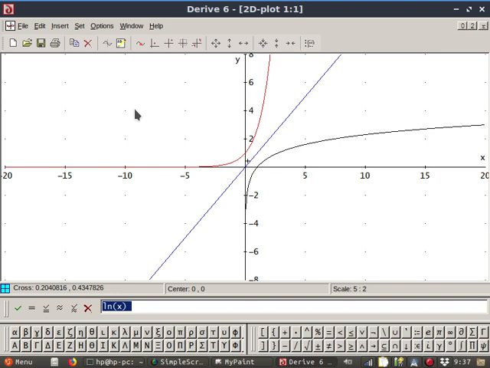Cot. I used the cosec. Cosine over sine. Cot 332 is 1 over tan 332.